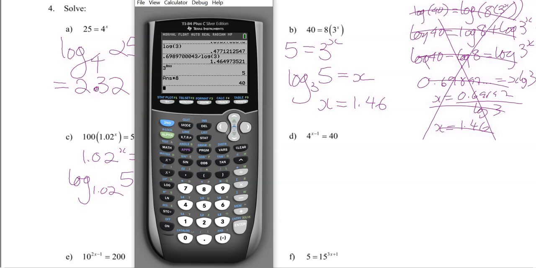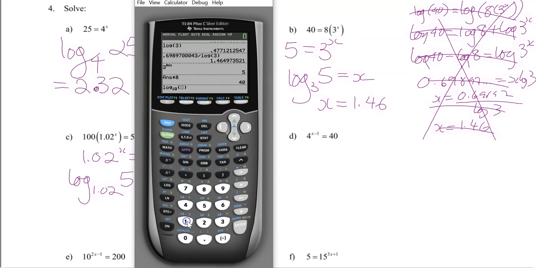It doesn't matter if the base is some number. Math is math. Log base, there we go. It's in the math menu. So if you go to the math menu, then arrow up because it's near the bottom of the math menu.